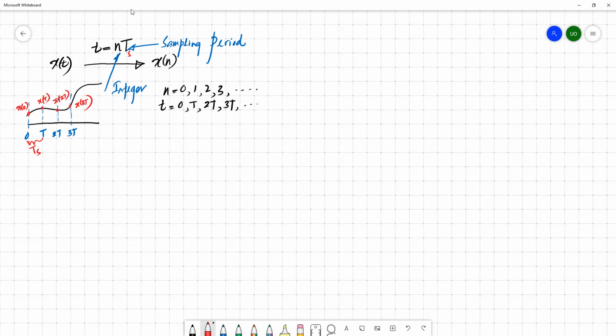Depending on the range of t in this continuous signal, we capture the samples of the signal at a rate of Ts. Here Ts is a constant for this process.